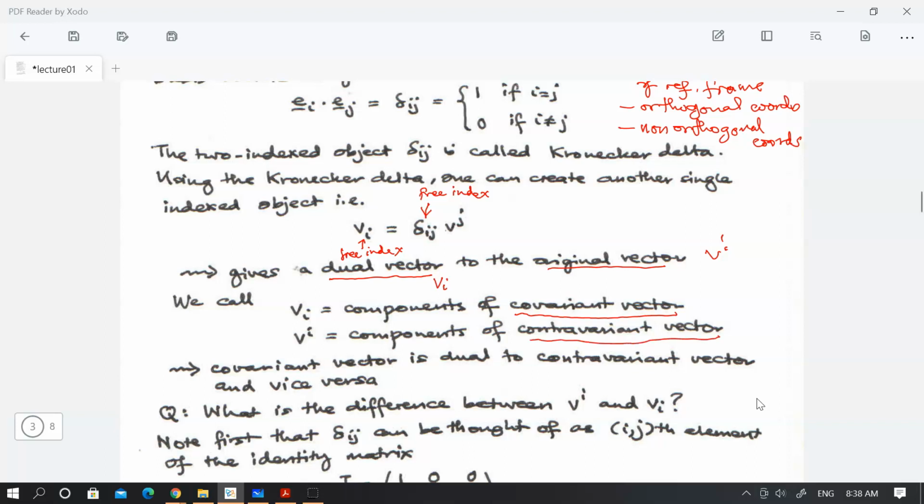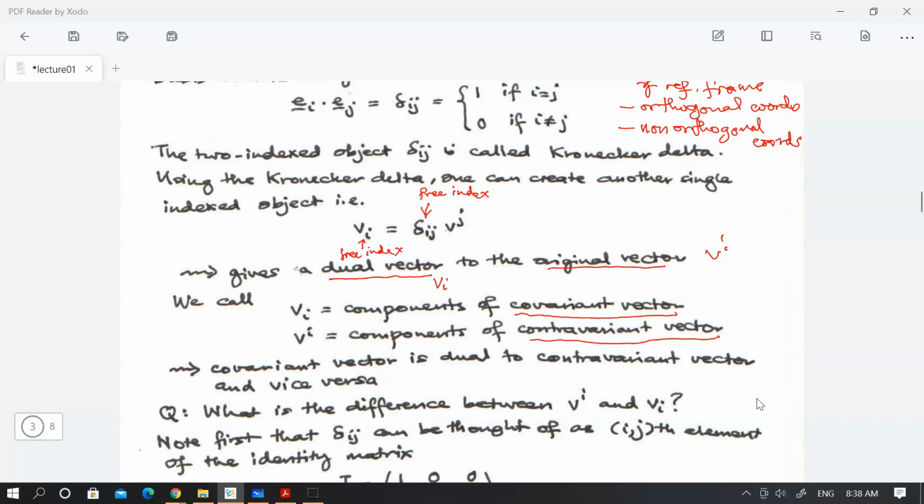Now, what do they mean? We'll see later on. So the covariant vector is said to be dual to the contravariant vector. If you have done quantum mechanics, for example, you know what the dual vector to a ket vector is, right? So it's more or less the same kind of thing.